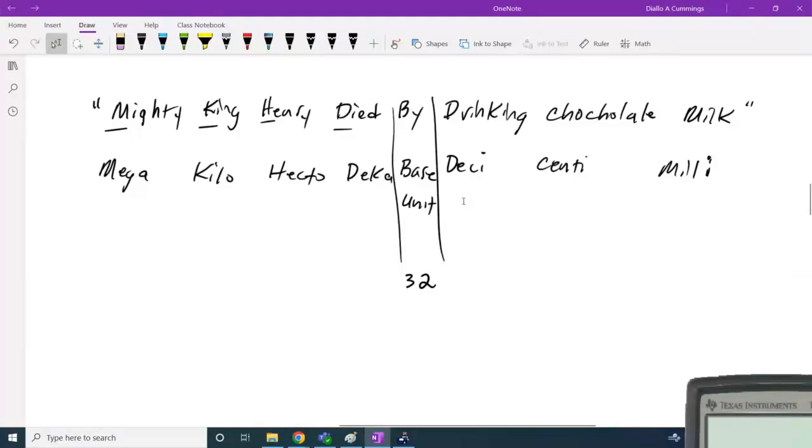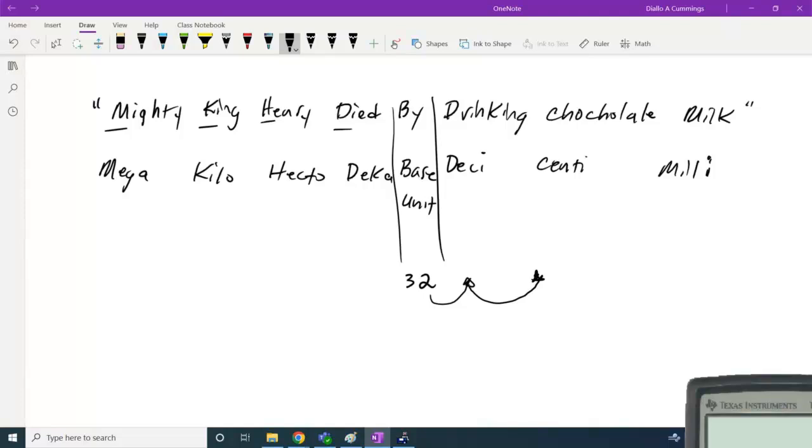And however I move in the chart, that's how many zeros I place. If we're going to convert 32 meters to centimeters, I would have to move from my base unit one place to the right for deci, and another place to the right for centi.